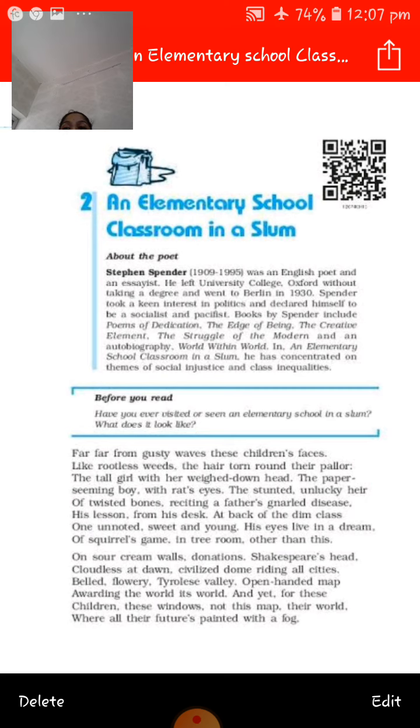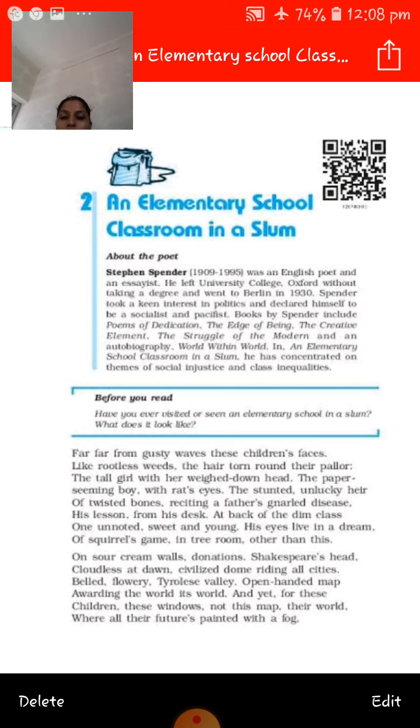Sour cream here refers to the white color, which is not pleasant to look at, and the poet has used this expression to describe the white classroom walls because he wants to signify that the classroom walls are white but still they look ugly. So: sour cream walls and donations, Shakespeare heads, cloudless at dawn, civilized dome, riding all cities, belled flowery.